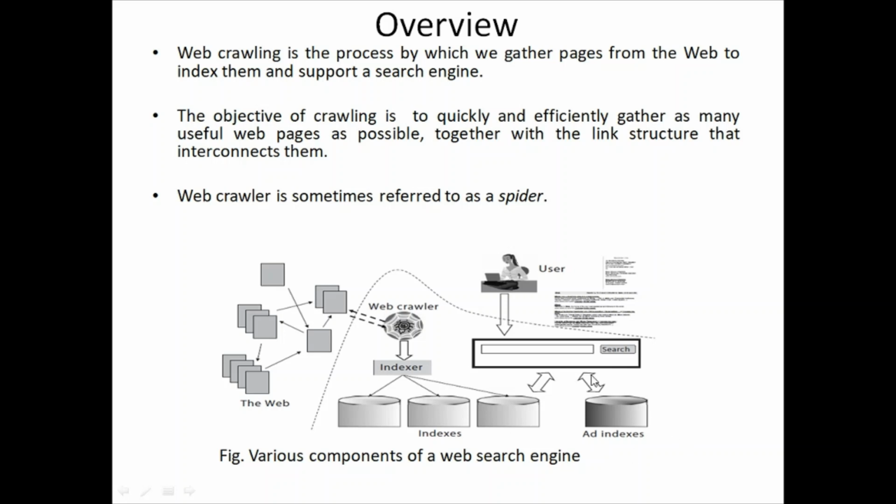The portion of the figure under the curved dashed line is internal to the search engine. There is a set of web pages, and the web crawler is going to gather these web pages, and the text information as well as the link information which is extracted will be given to the indexer and the indexes will be generated. And there are some advertisement indexes as well.